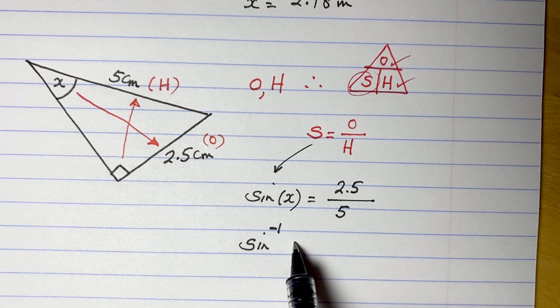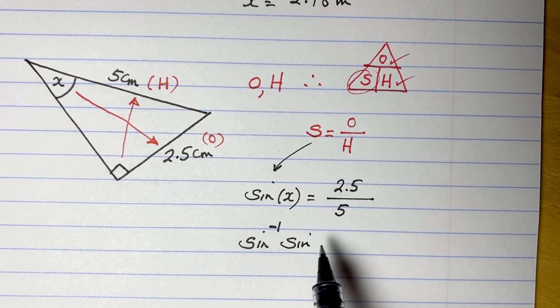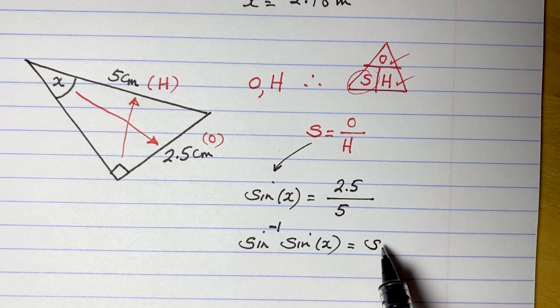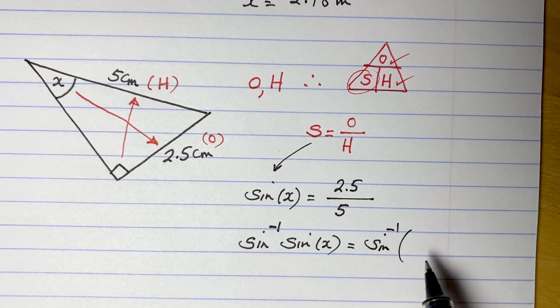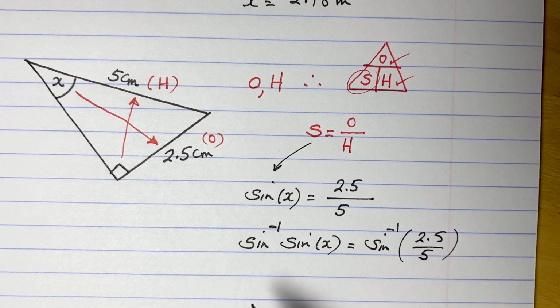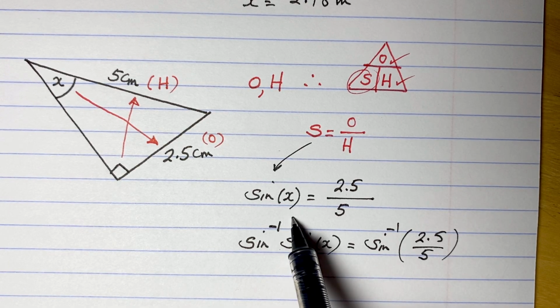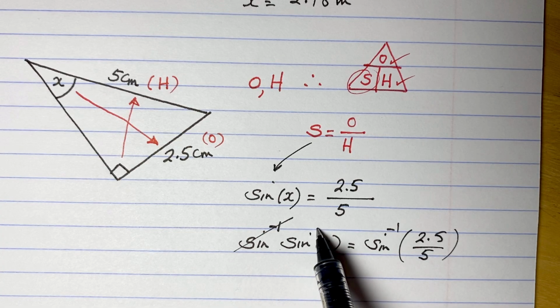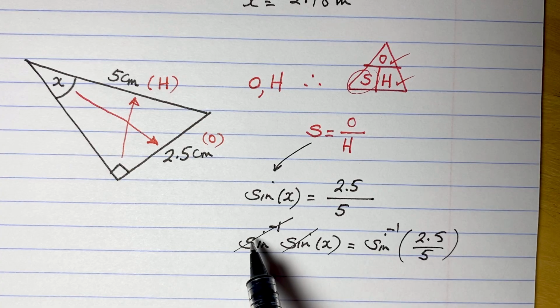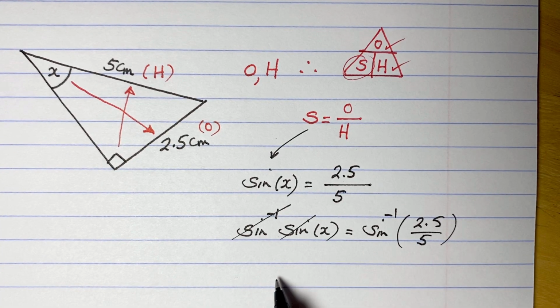It's got inverse sine of sine of x is inverse sine of 2.5 over 5. And what I said, inverse sine undoes the sine. So inverse sine cancels sine. You're left with x.